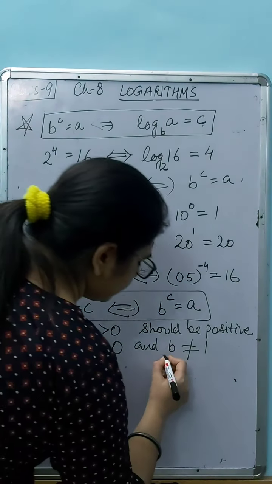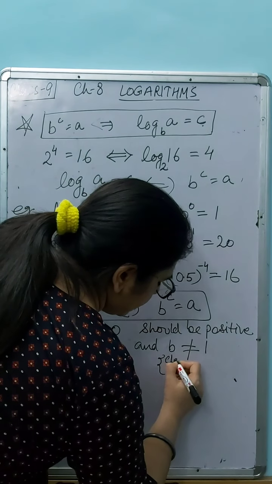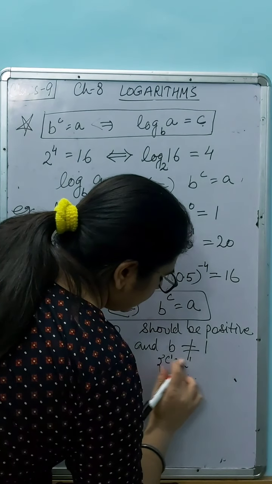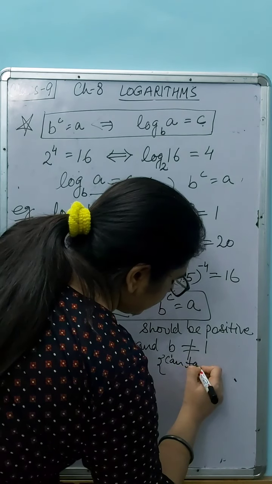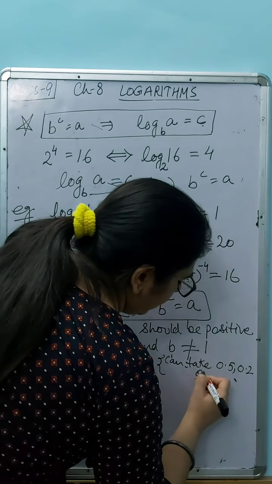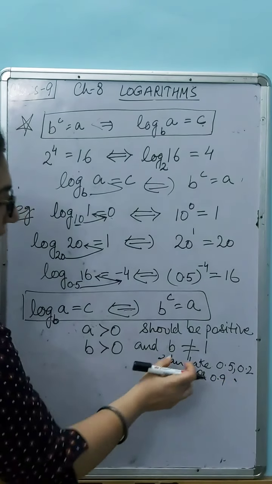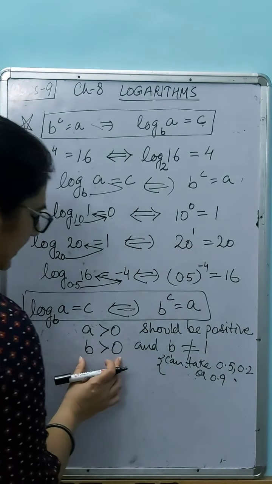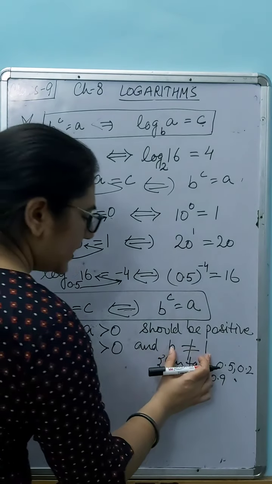But for your clarification, you can take 0.5, 0.2 or 0.9, but not equal to 1. b should be greater than 0, not equal to 1.